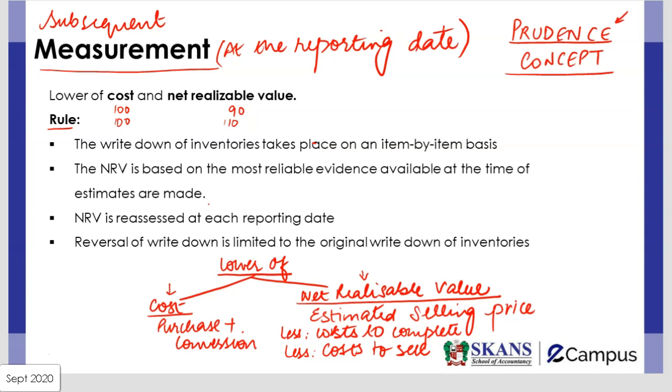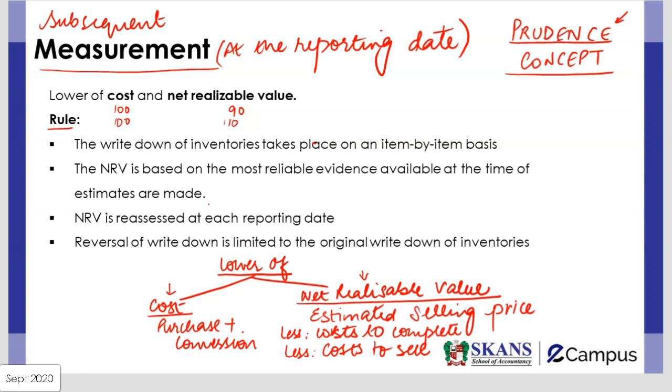So if I have 50 chairs in my inventory at the reporting date, 5 might be damaged, 45 might be absolutely fine. So individually an assessment should be made of the situation and condition of the inventory, and then the lower of cost or NRV rule should be applied on an individual basis as well.